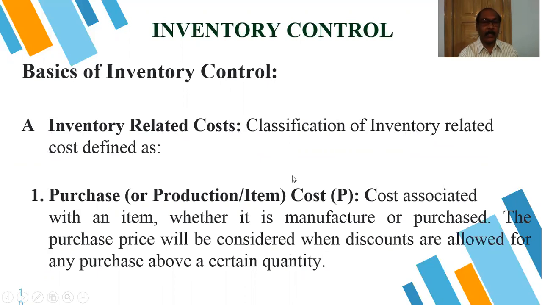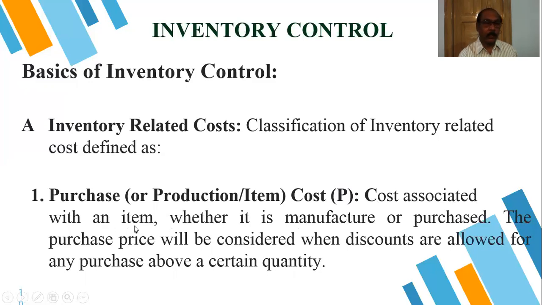Classification of inventory related cost is defined as: first one, purchase or production cost per item. What is the cost of an item, or during production, what is the effective cost per item? That is the cost of the item, which we denote by P. P is the rate of an item, that means the price per unit item. This is the effective price.